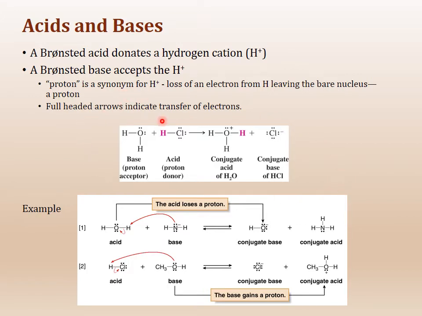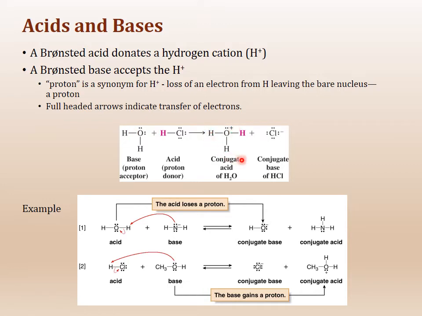Here is an example of a typical acid-base reaction, with HCl as an acid, which would be a proton donor. Water is a typical base here, and it's a proton acceptor. What's going on over here is that the acid is giving its proton to the water. See the transfer going on here.